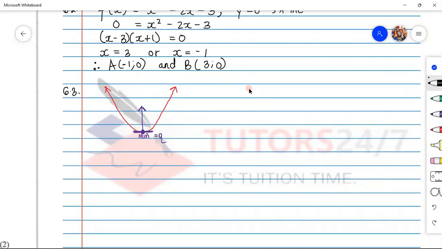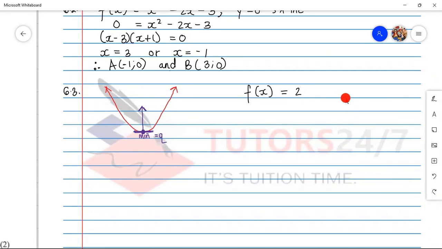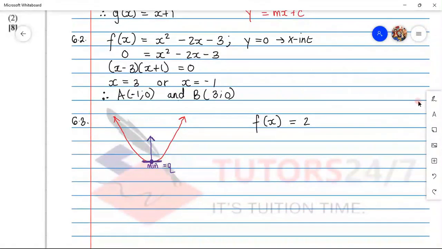So I'm going to use the method whereby I use my TP formula, which is finding the x value of my turning point, and then I'm going to find the y value of my turning point. So let's quickly check what is our function. Okay, so our function f is x squared minus 2x minus 3.